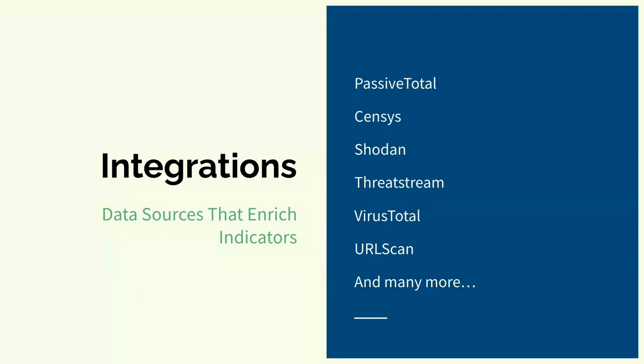It comes predefined with default integrations. Some of those include PassiveTotal, Censys, Shodan, ThreatStream, VirusTotal, URLScan, and many more. You can also configure your own, but right now it's a really big pain. Andy and I pretty much exclusively are the ones creating these integrations, but we'd like to make this more user-friendly in the future, hopefully with some other people's help.